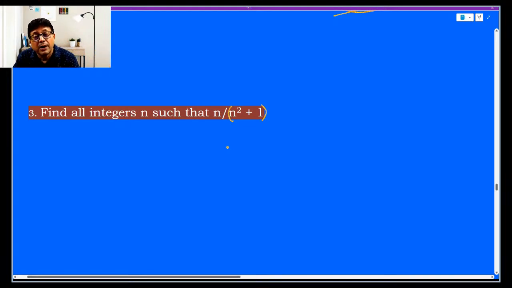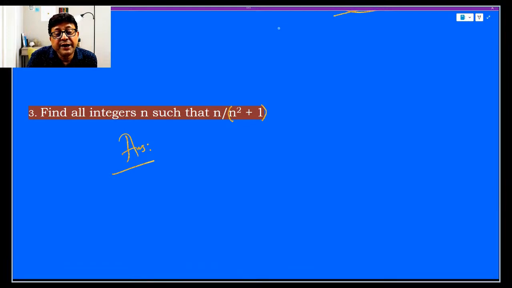Now when you are going to find an integer n such that n divides this, it is obvious that n divides n square. This is true. n always divides. This symbol we have used for divides.